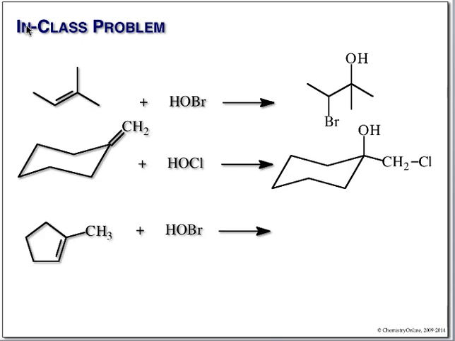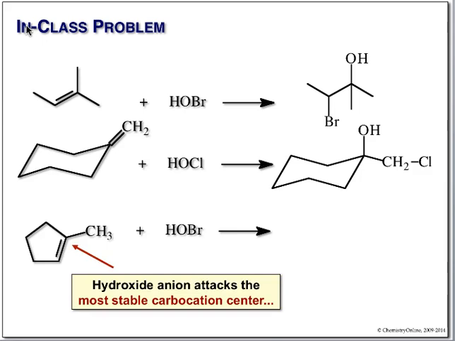Our next one. Look at our molecule. Secondary carbocation, or tertiary carbocation. Tertiary center, more stable. That is where the OH group goes. And bromine goes to the other one.